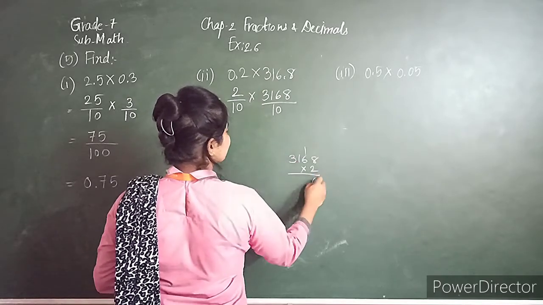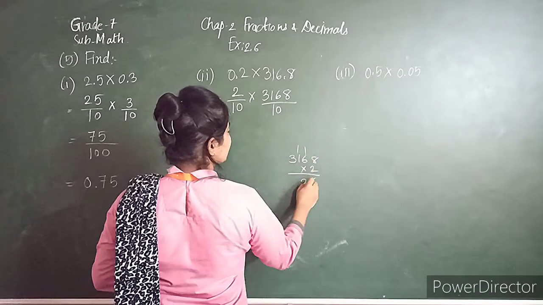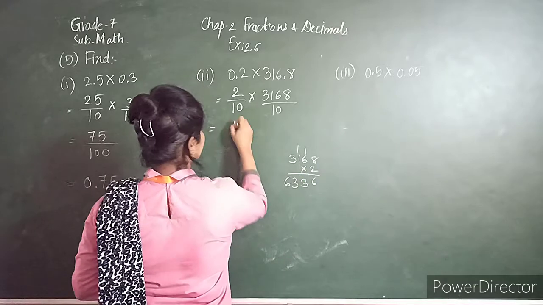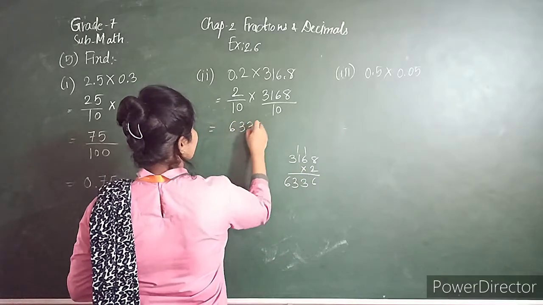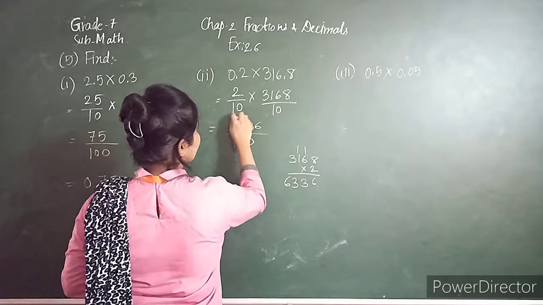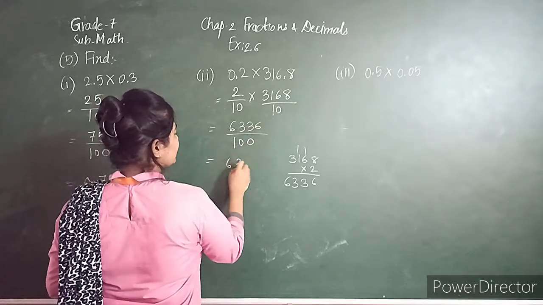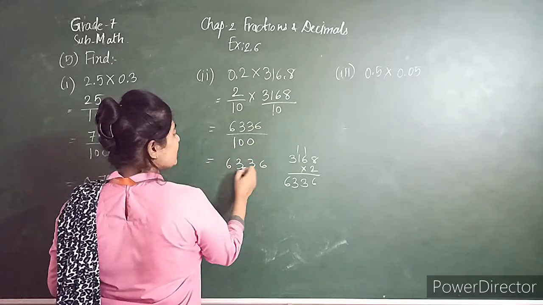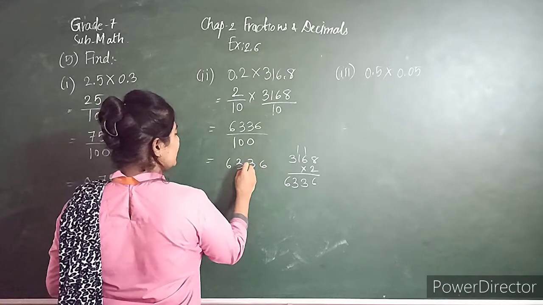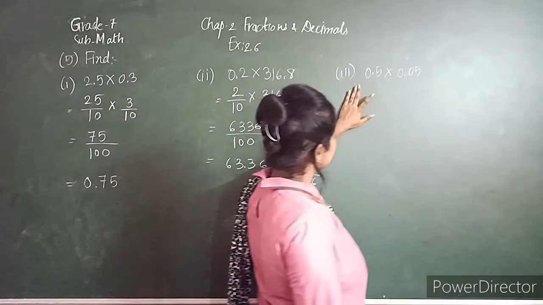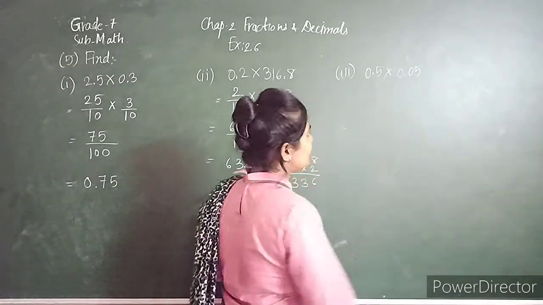So 8 2s are 16, 6 2s are 12, 13, 2 1s are 2 plus 1 3, 2 3s are 6. So 6336 upon 100, because 10 10s is 100. Now here 2 zeros are there, so we have to put point before two numbers. So counting from backward sides 1 and 2. So here 63.36.